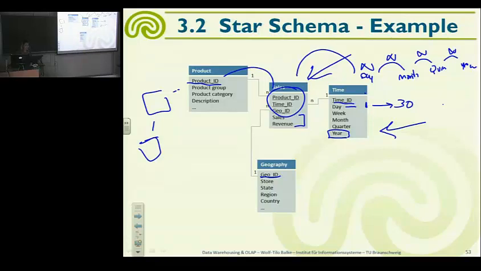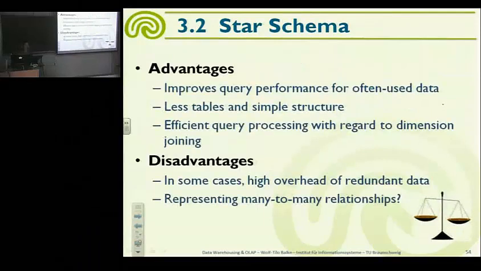So which schema to use again depends on what types of queries you're getting, and on your storage requirements, but mostly on the queries that you're getting. The advantage of the star schema is that for often used data, the query performance is improved.